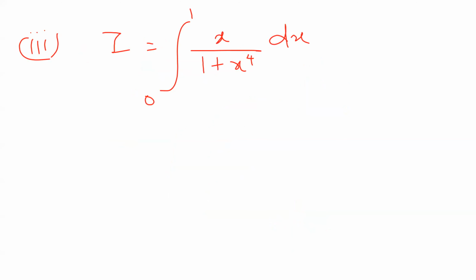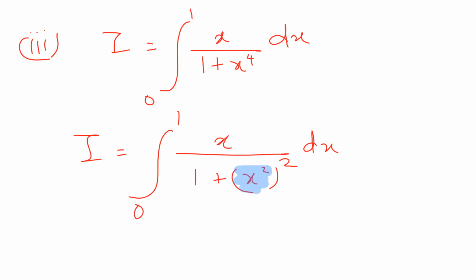Now what we'll do is, we'll put x square equal to t. Equation number 1: x square is equal to t. Tan inverse t, sir. Yeah, but then some steps we need to show in between. So this was equation number 1.